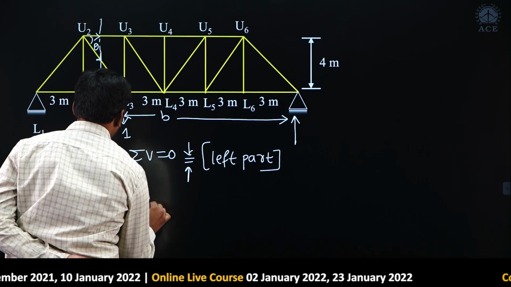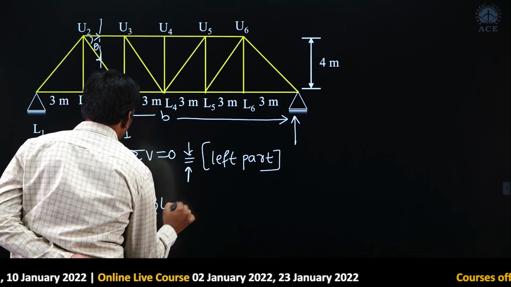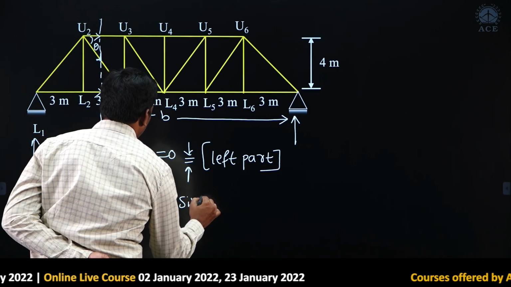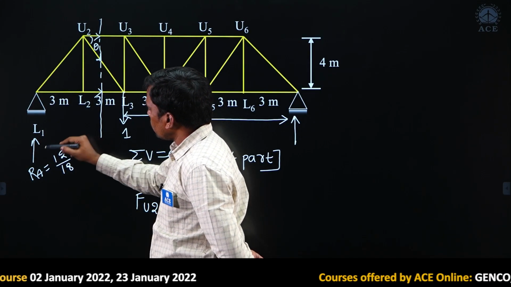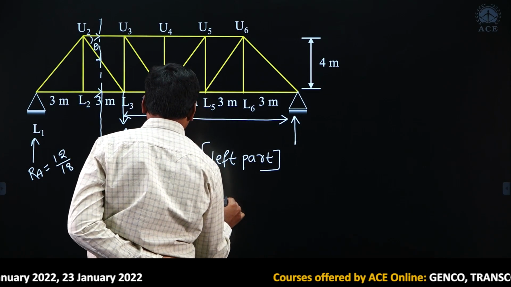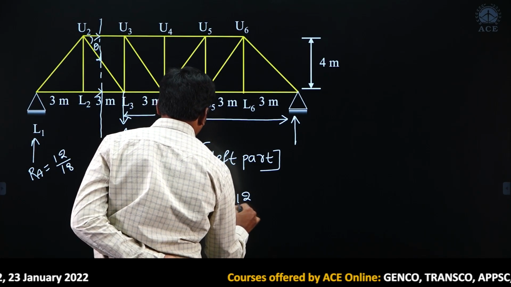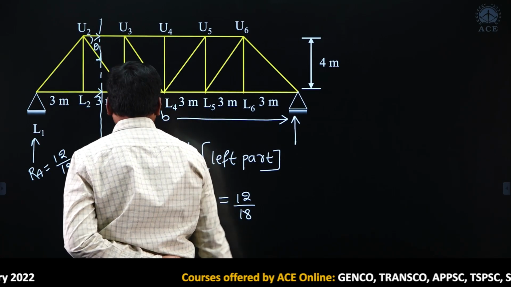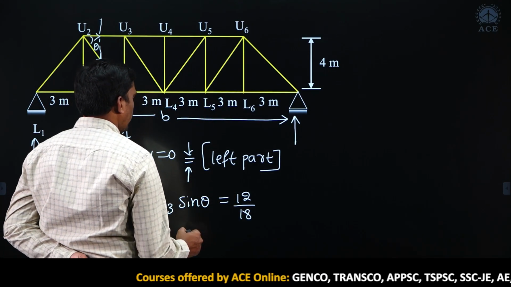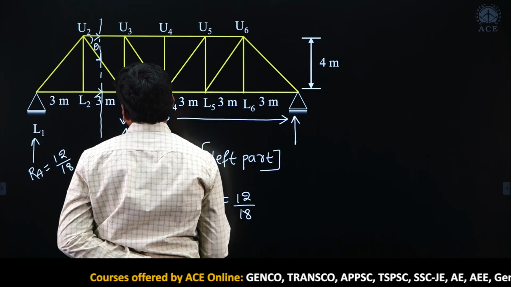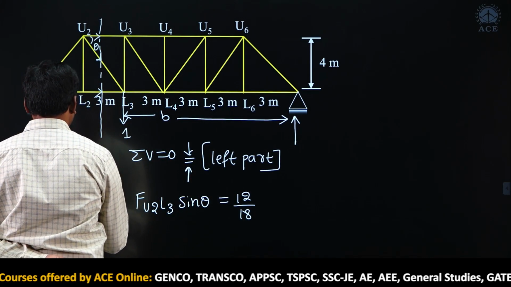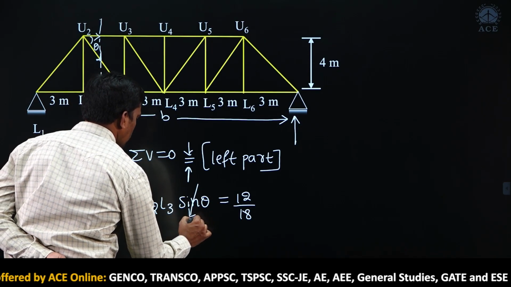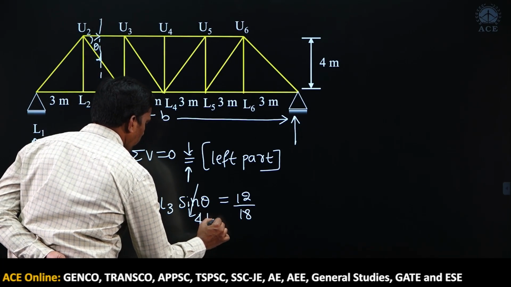So, F U2 L3 sin theta is downward and this is upward, 12 by 18. So, what is sin theta we got? Sin theta is nothing but 4 by 5.